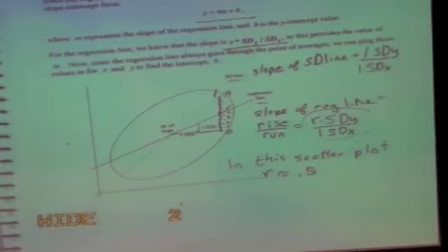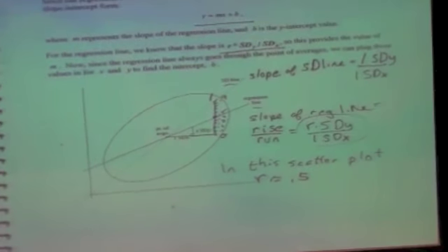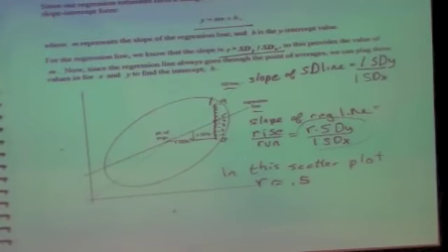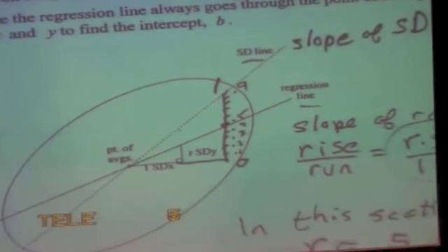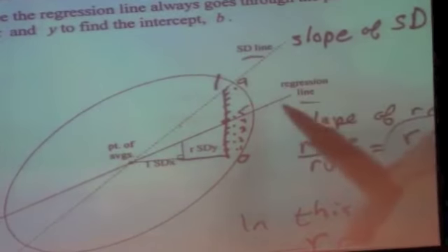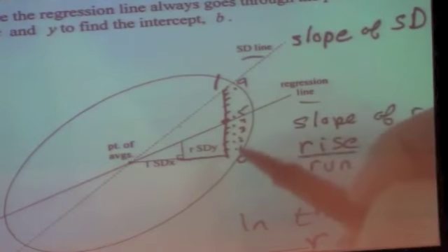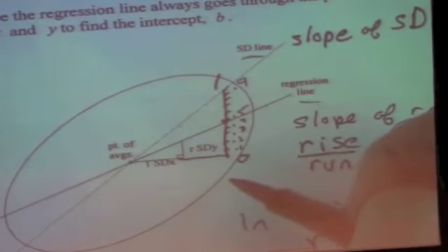Questions? Do we always assume that the graph is to scale? It doesn't matter if it's to scale. Yes, it will still help you because it's scaled relative to the SDs.